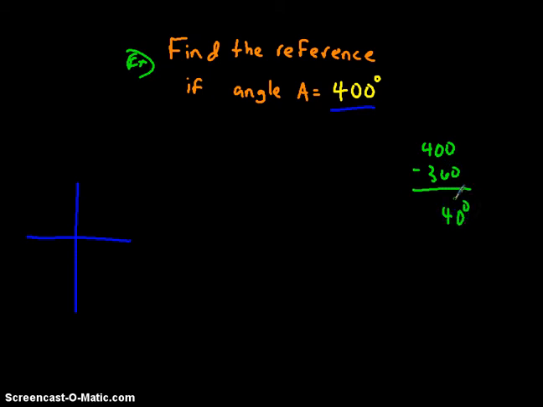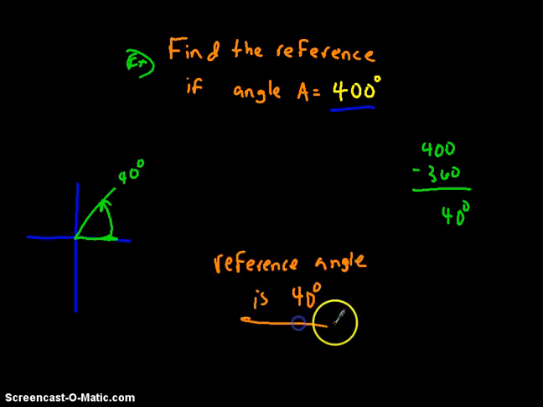So I know that's in quadrant 1. 40 degrees looks like this. So this is the angle. And remember in quadrant 1, the reference angle and the angle are both the same thing. So in this one, my reference angle is 40 degrees.